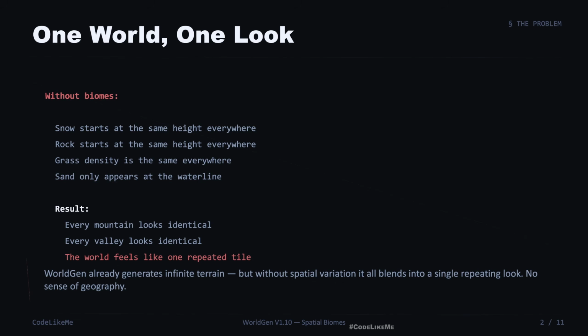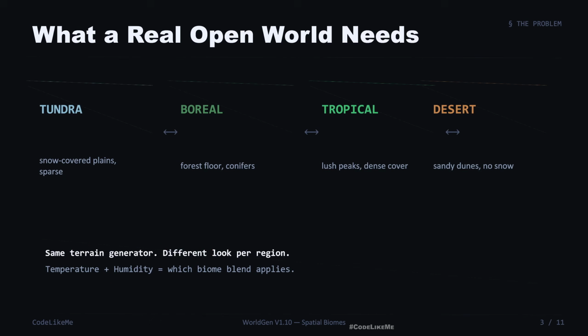It feels repeated, it feels similar because we had the same biomes. If you don't have a spatial variation of biomes, then it would feel like it's just a single area, no sense of geography. So that's what I tried to fix here.